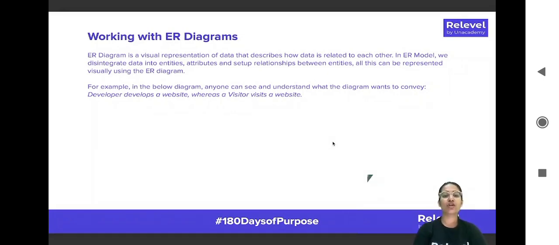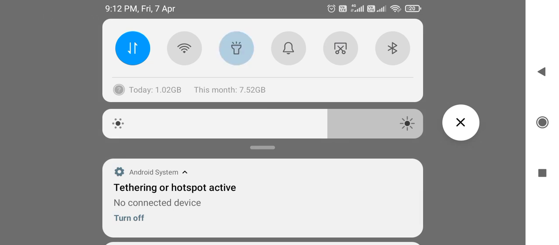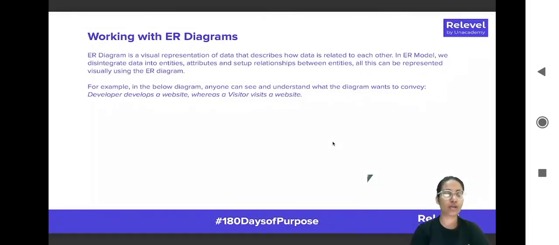So let's talk about a basic definition first. An ER diagram is a visual representation of data that describes how data is related to each other, okay? How actually the data is going to be related with each other. In an ER model, we disintegrate data into entities, which we talked about, and attributes, and then set up relationships between them, okay?